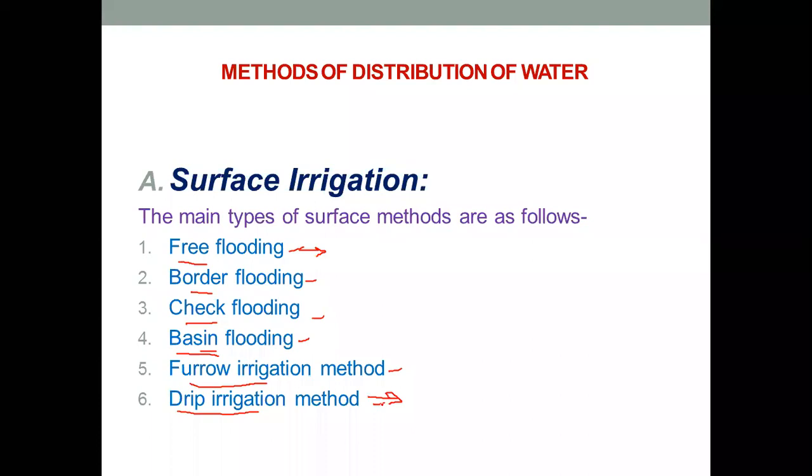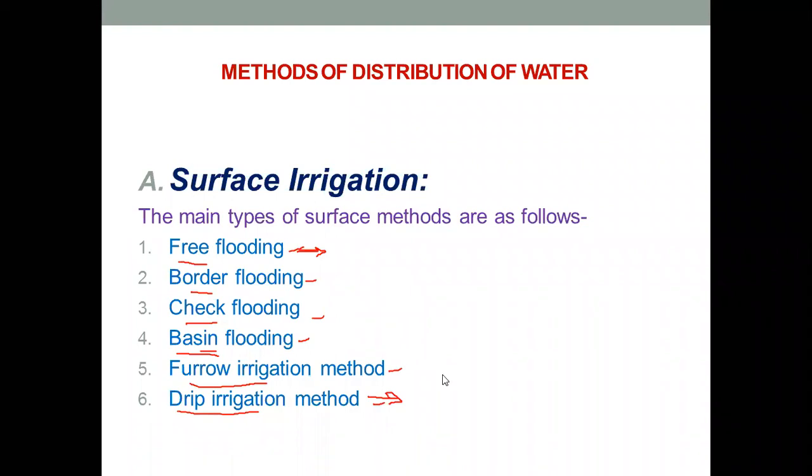Out of the total amount of water you provide with drip irrigation, almost 80 to 90% is going to be utilized for the growth of plants. So the efficiency of drip irrigation is 80 to 90%, whereas the efficiency of free flooding is 10 to 20%. So these were all the surface irrigation methods which you saw in the last lecture.